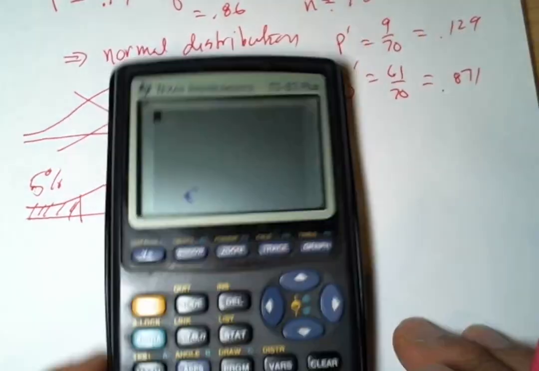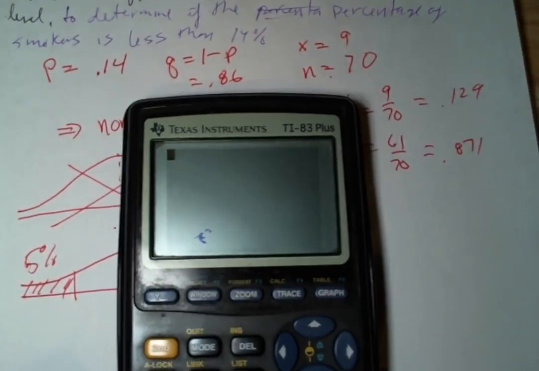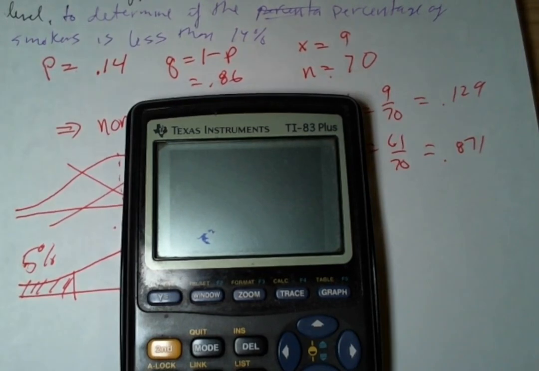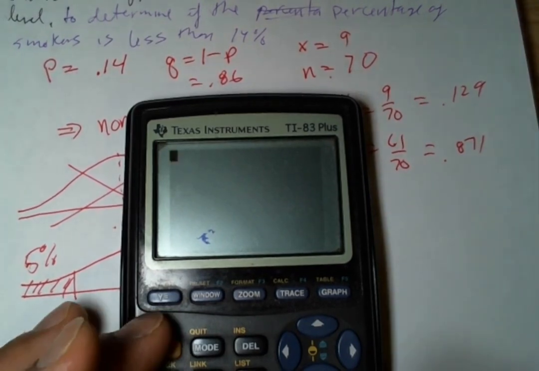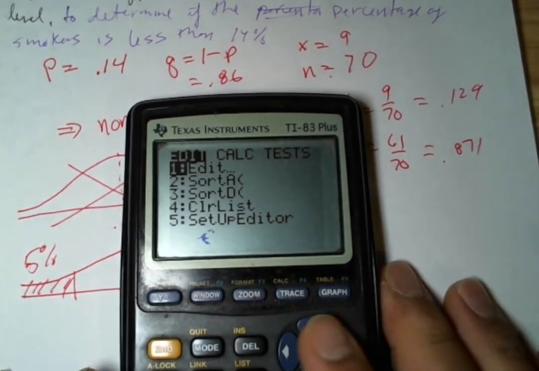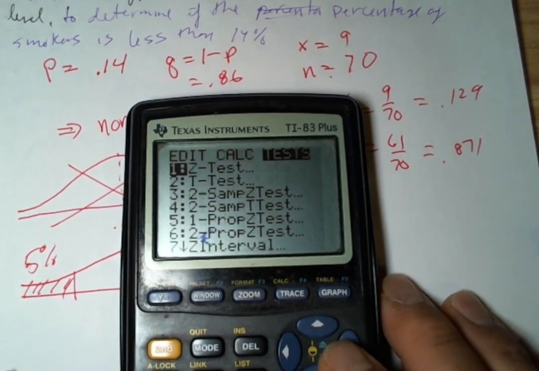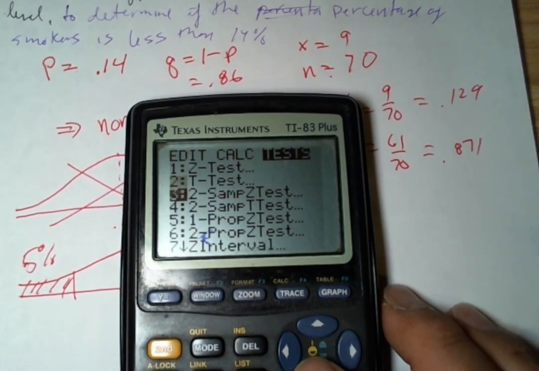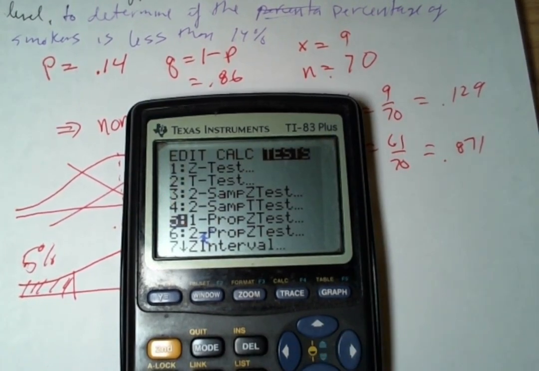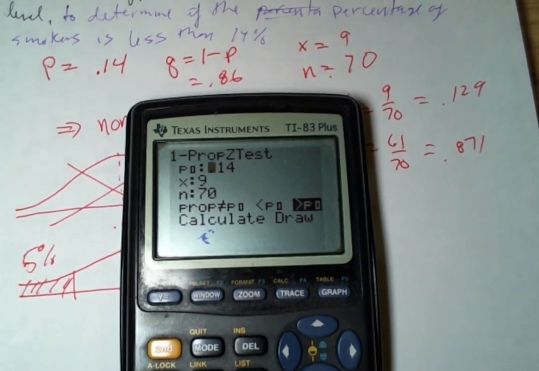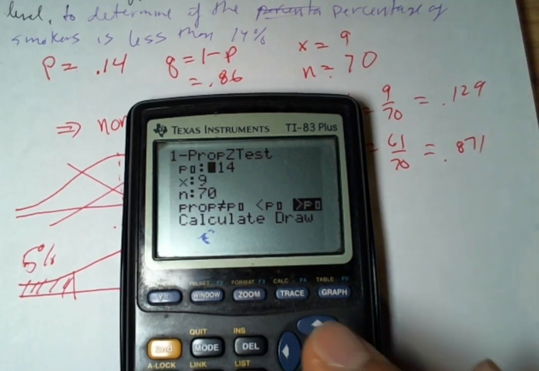Now let's let our calculator do the calculations. We go again to STAT, scroll over to TESTS, and notice number 5 is 1-PropZTest. Hit enter. This one's already populated from earlier.